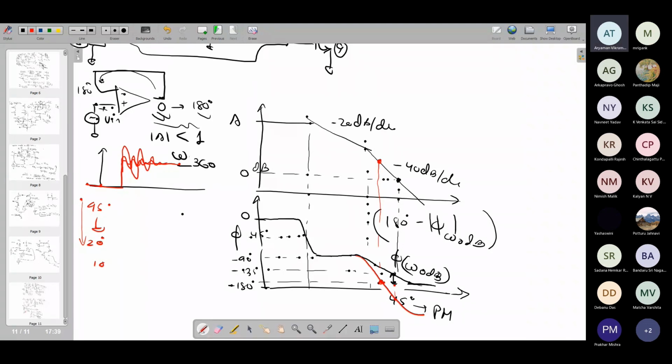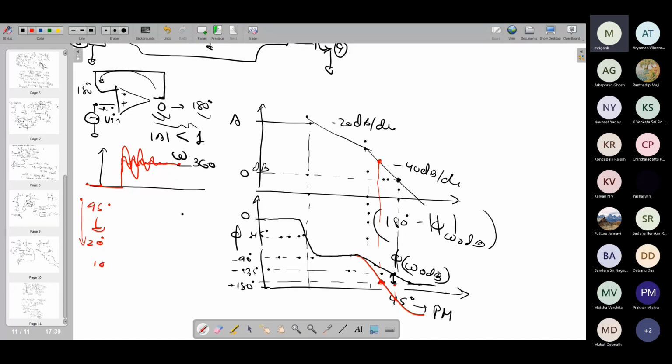The gain at the second pole, if it's 0 dB, then it will match, right? Gain at the second pole should be 0 dB, or maybe lower than that, right?